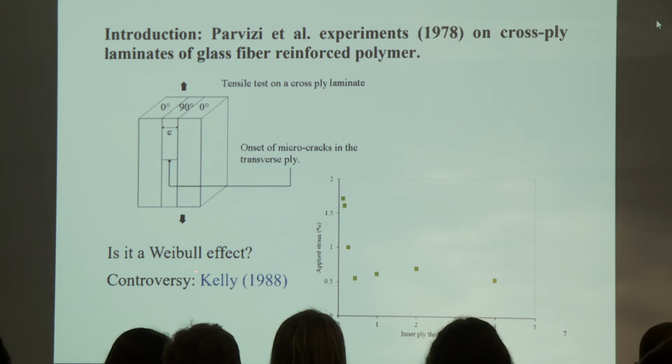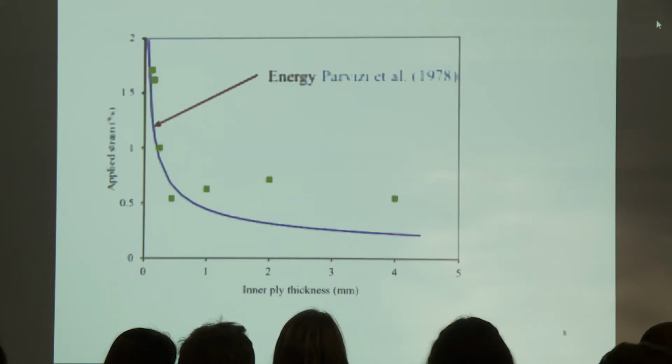But at that time, there was a very big controversy because many people claimed that this is a Weibull effect. Finally, Tony Kelly in 1988 wrote a paper to show that it cannot be only Weibull. Weibull theory can explain some parts of the increase, but not completely.